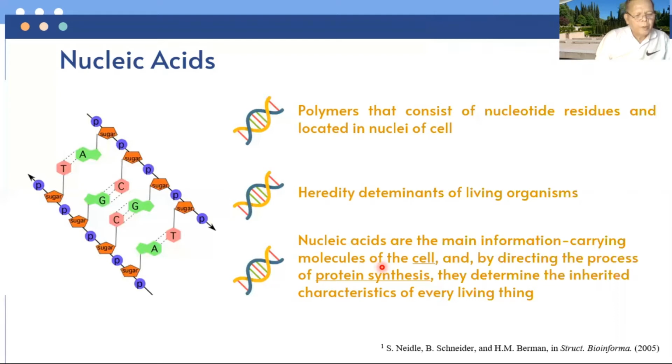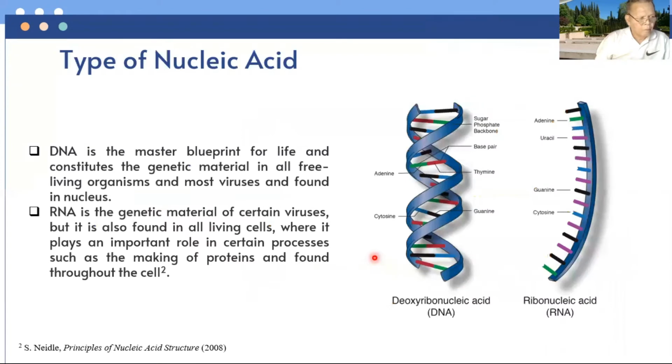This figure shows the structure of the DNA and RNA. This one is the structure of deoxyribonucleic acid, DNA, and this one is a single strand. This is the structure of ribonucleic acid, RNA.